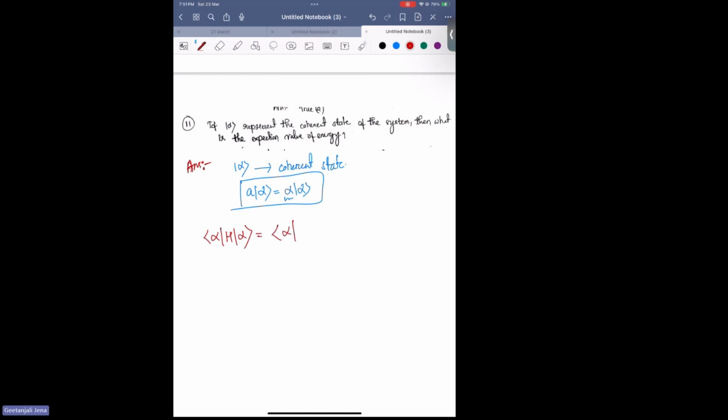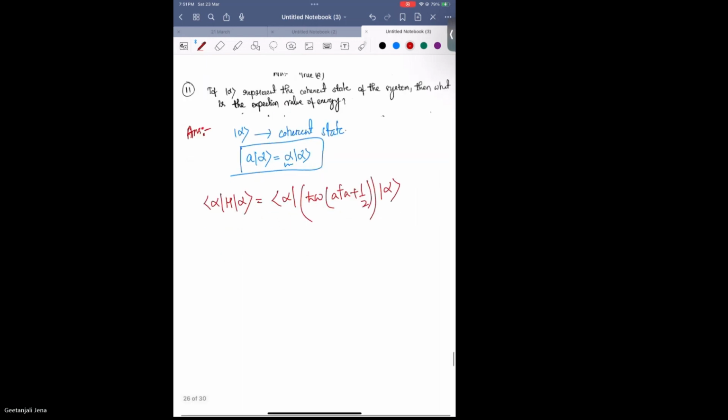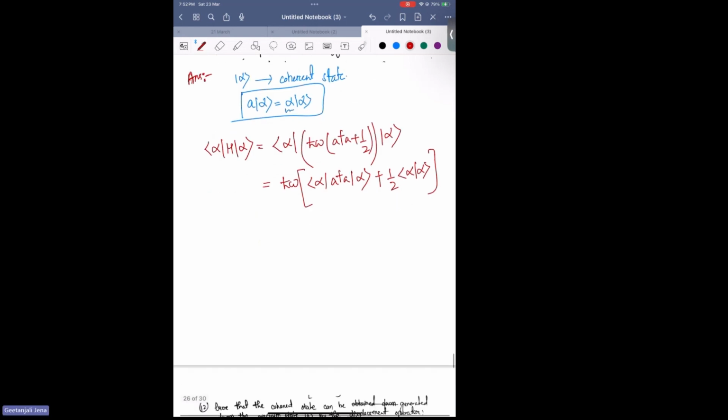We know H is nothing but h-cut omega times (A dagger A plus half). So that means h-cut omega <alpha|A dagger A|alpha> plus half <alpha|alpha>.